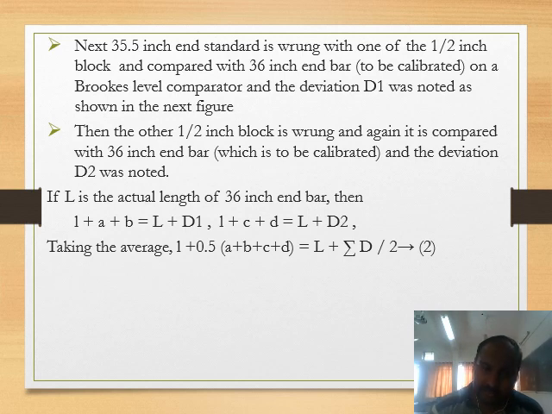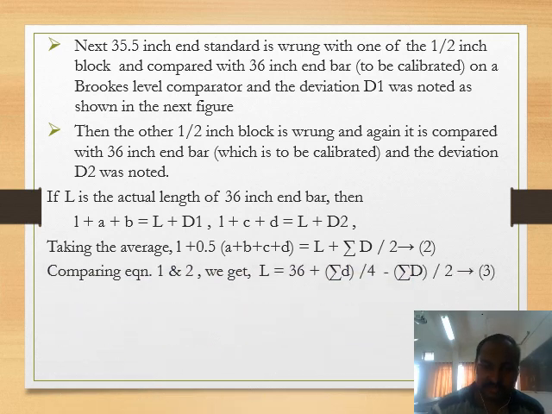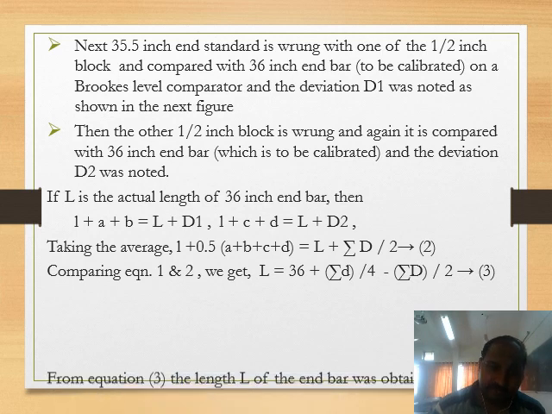On taking the average, l plus half of A plus B plus C plus D is equal to L plus summation of D by 2. Let me consider this as equation 2. Now on comparing equations 1 and 2, we can say capital L is equal to 36 plus sigma small d by 4 minus sigma capital D by 4.